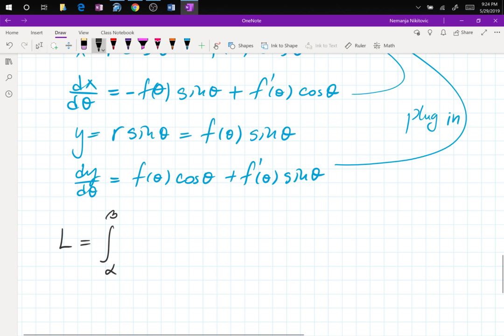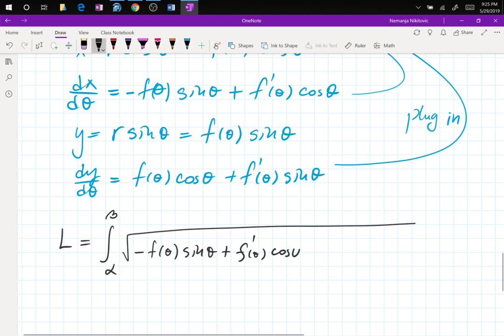So square root of negative f of theta sine theta plus f prime of theta cosine theta squared plus f of theta cosine theta plus f prime of theta sine theta, everything squared d theta.